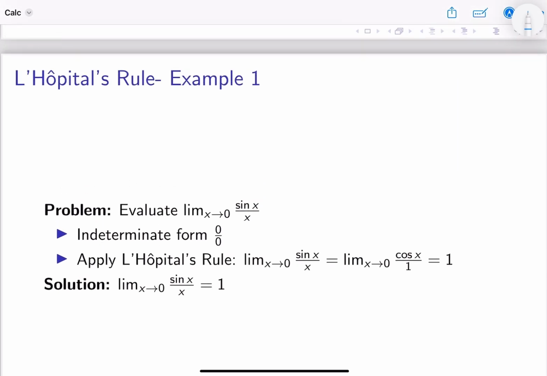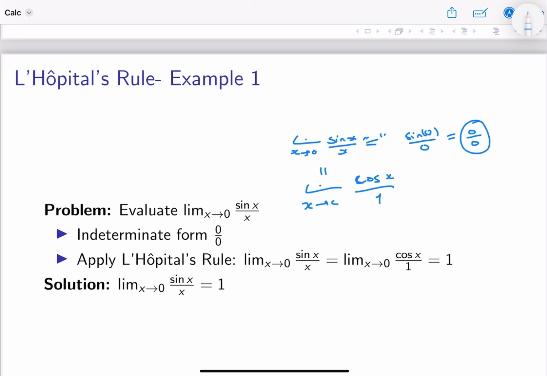We start with this basic example that we might have seen before: the limit of sine of x over x. This is a very important example. If you just try plugging in the value x equals 0, you see this is sine of 0 over 0, which is 0 over 0, and it has the form that you're looking for. This limit is equal to the derivative of the thing above, which is cosine of x, over the derivative of the thing below, which is x, so that's 1.